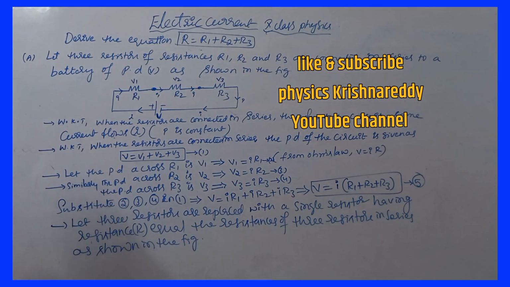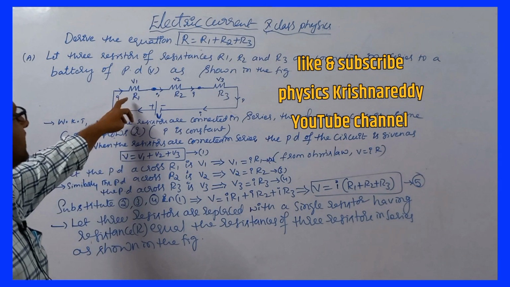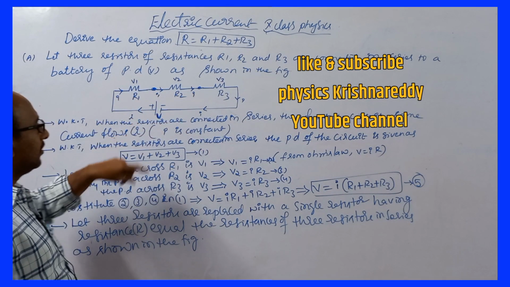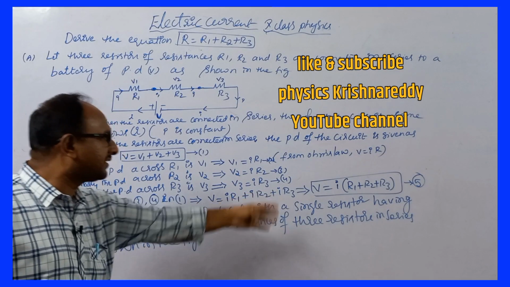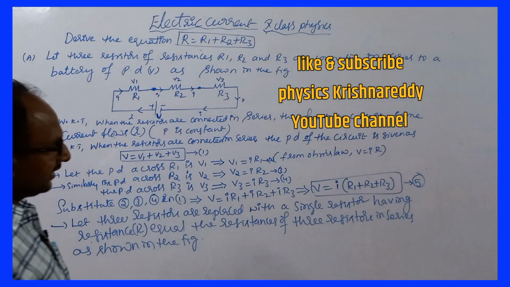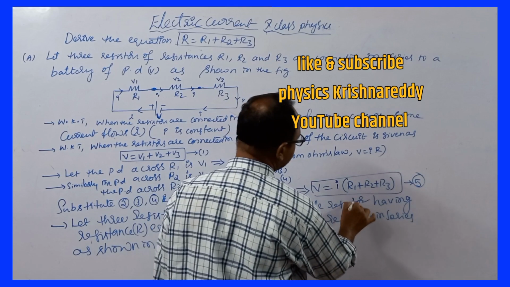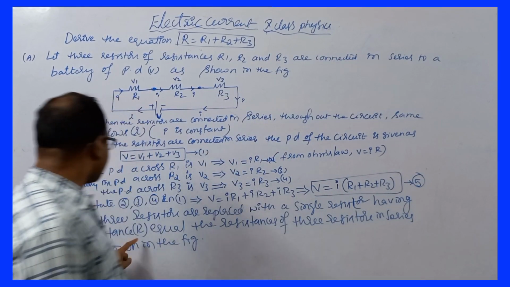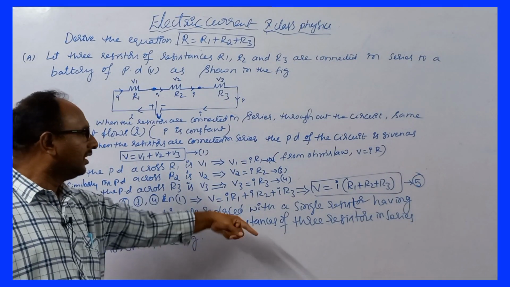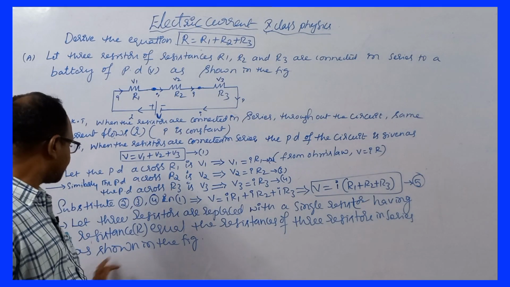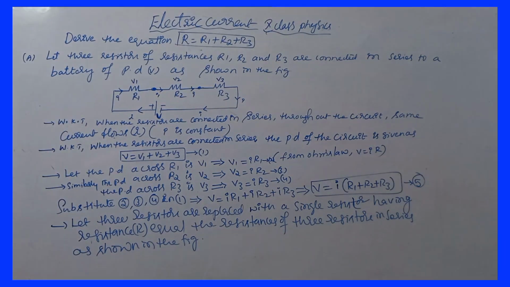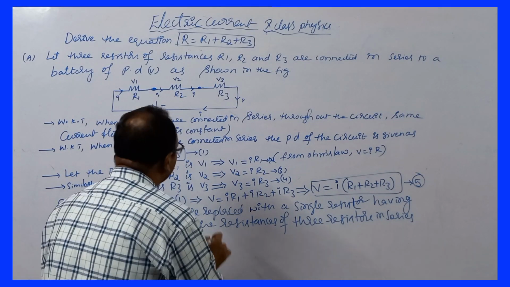So what does it mean? The three resistors having resistances R1, R2, R3 are replaced with a single resistor having a resistance capital R equal to the resistance of the three resistors in series, as shown in the figure. Now we want to draw the circuit.